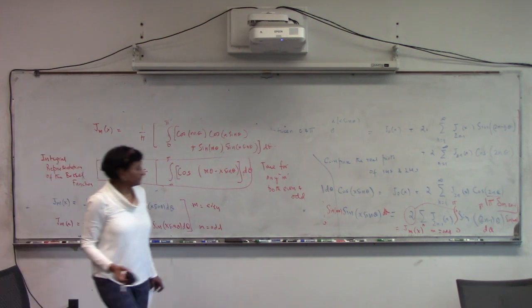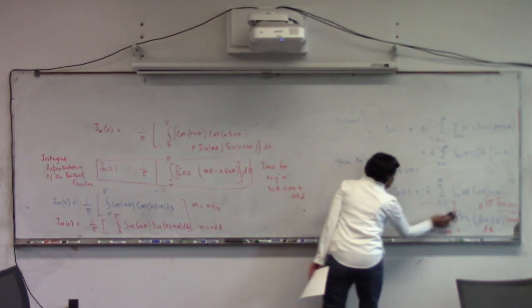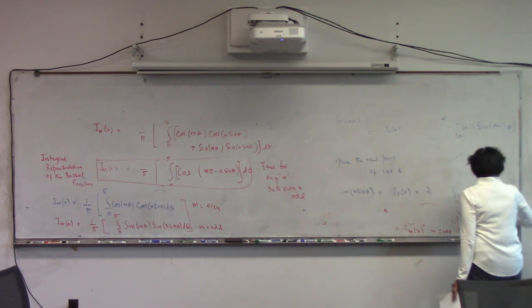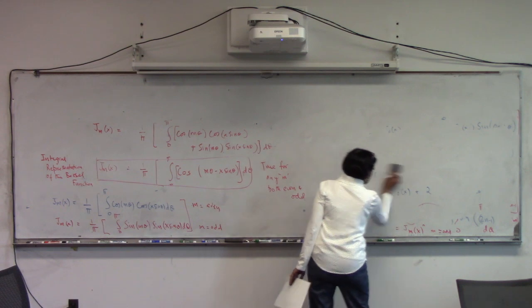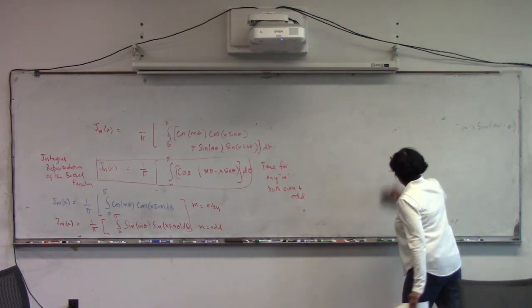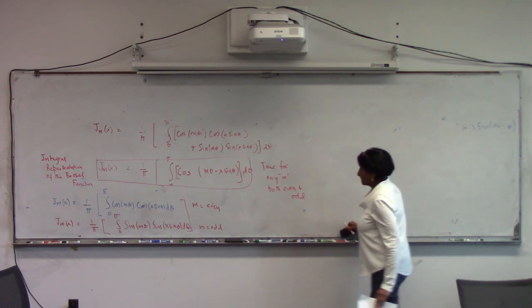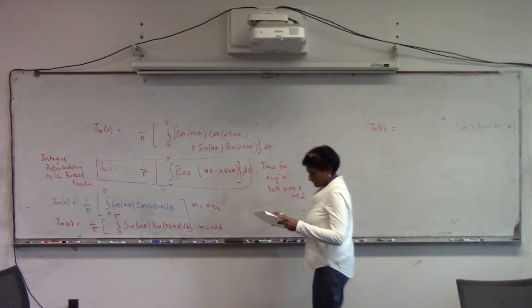All right, so let me just touch upon one more thing. What is J0 of x, the integral representation of J0(x)?